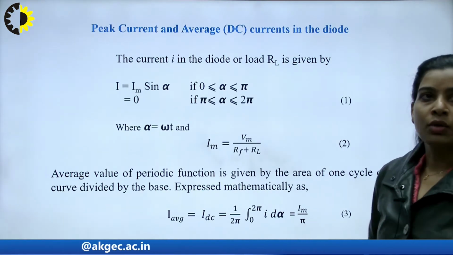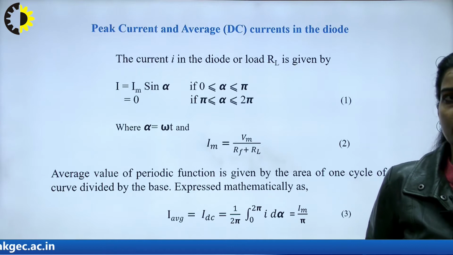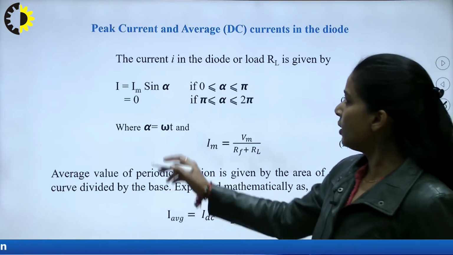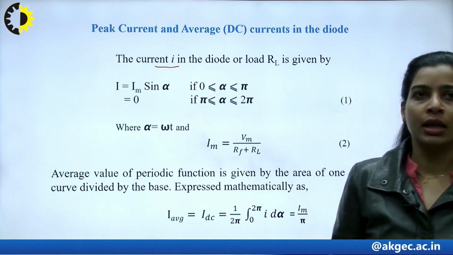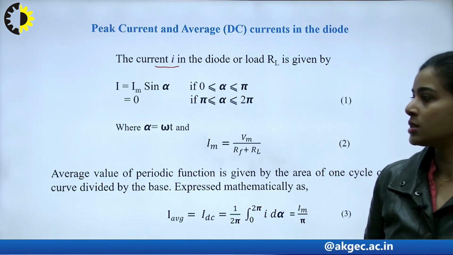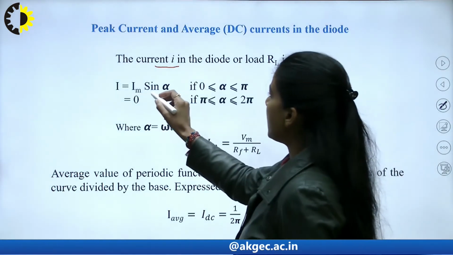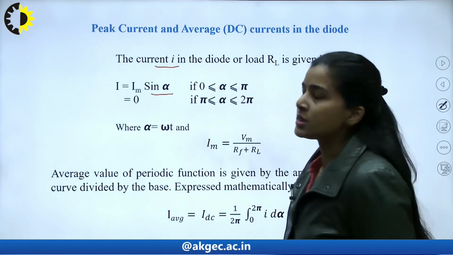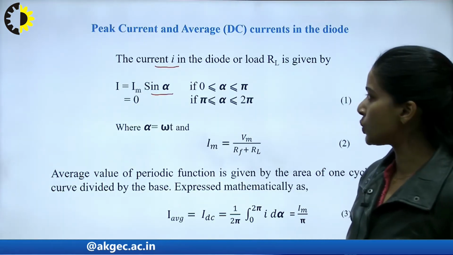So how can we calculate peak current and the average DC current of the diode? We have seen that the current I is flowing through any forward bias PN diode. Here I have taken that current as Im sin alpha, that is varying sinusoidally.